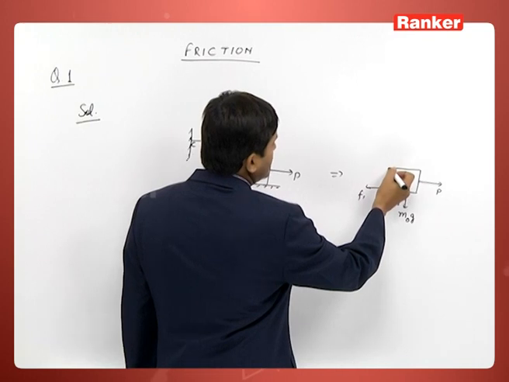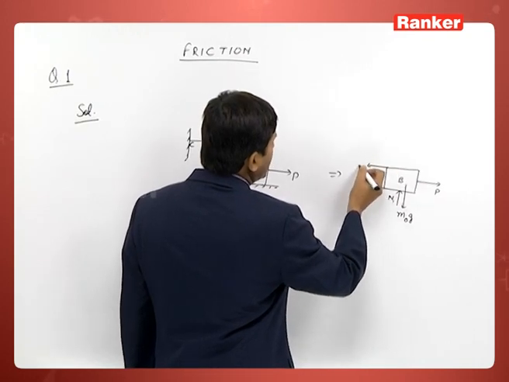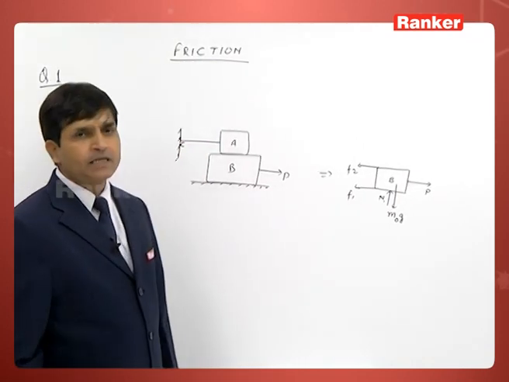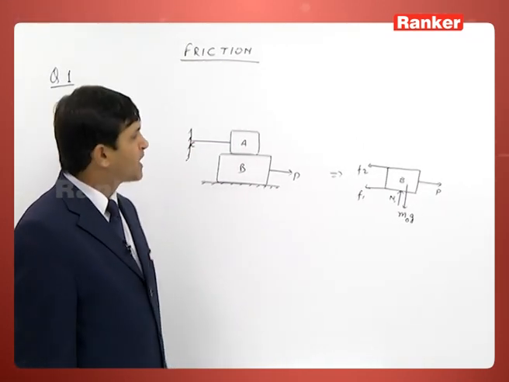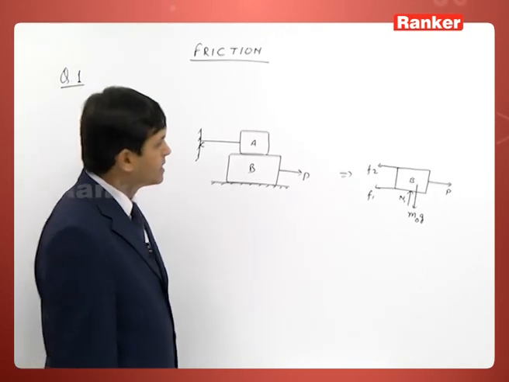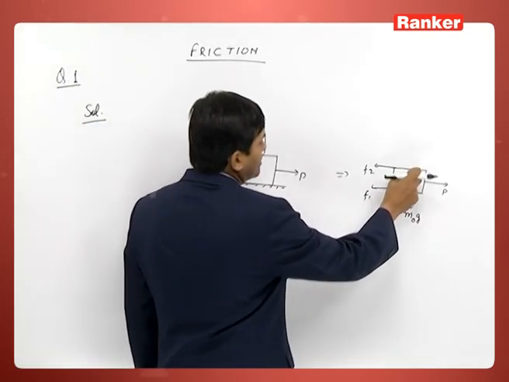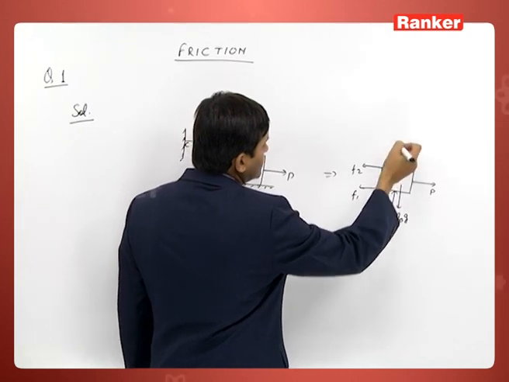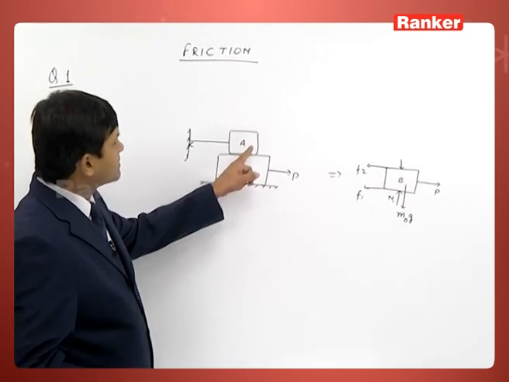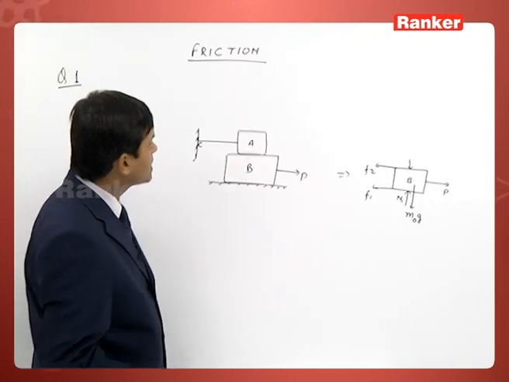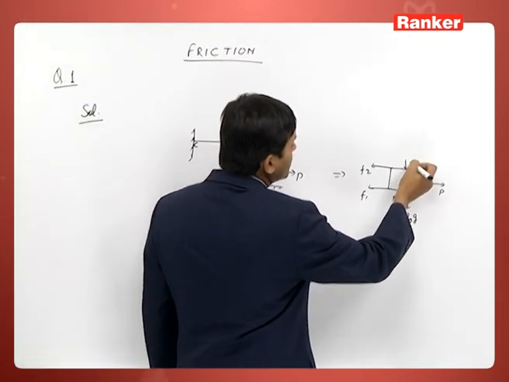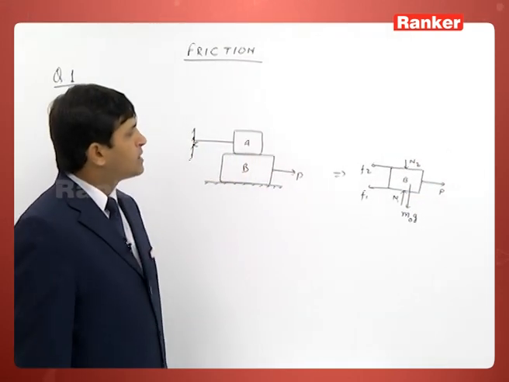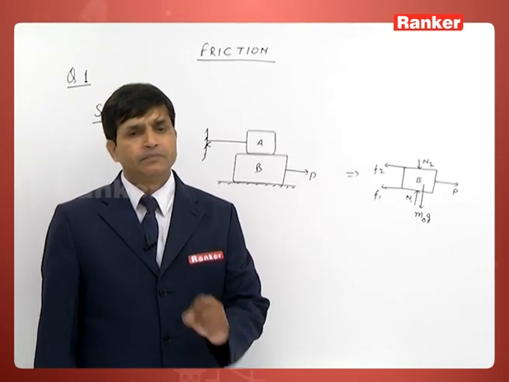So let block B experience another friction F2 which has been applied by block A. Another normal force will be exerted on block B by block A. Let that normal be N2. So this is the actual FBD of block B.